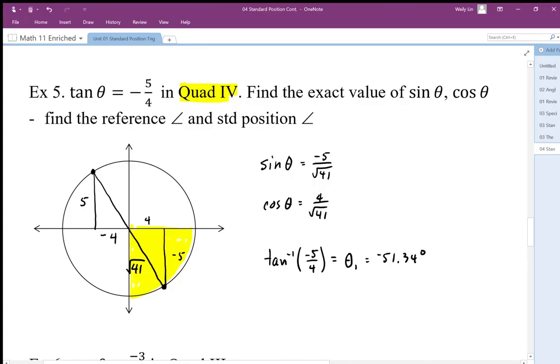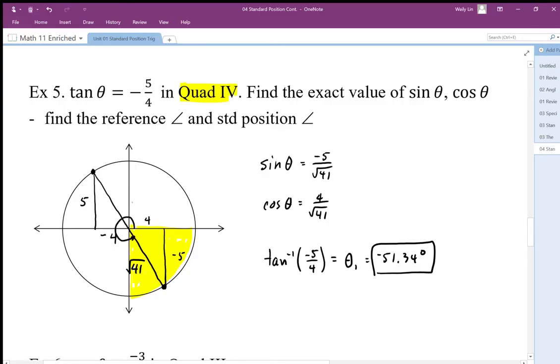Okay, so I have to ask myself, is this in the right position? Is -51.34 degrees in quadrant 4, or is it the other angle here? And in this case, this is the correct angle. Okay, so that's the right position. Now I want to get in the habit of putting this into positive values.